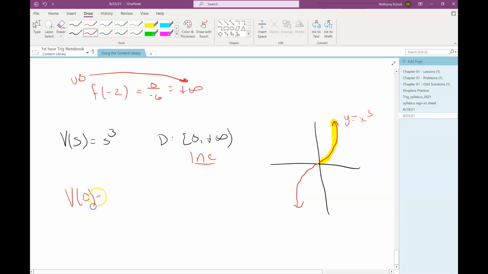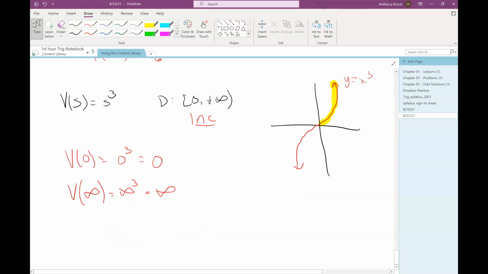So we have V of 0, which is 0 cubed, which is 0. And V of positive infinity, where positive infinity cubed is just infinity. So our range is 0 to positive infinity.